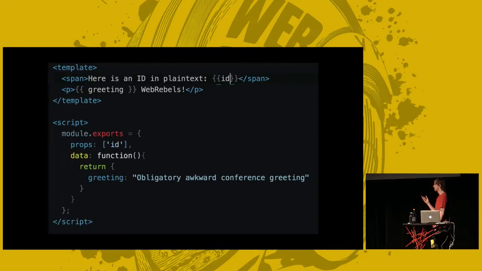So props. Okay, since I'm biased, I kind of knew what it was before I started. It's the properties you get from the parent component. And in Vue, you have to declare which properties come into the component. So here we declare an ID over here, and we can use it in the same way in our template or in our script part, the same way as regular state or data.